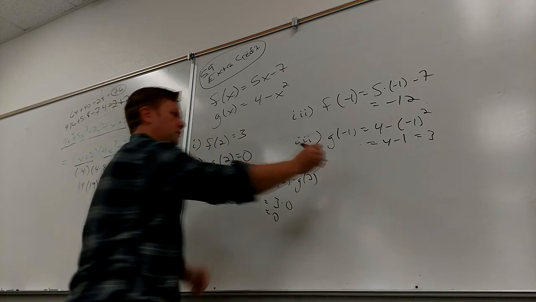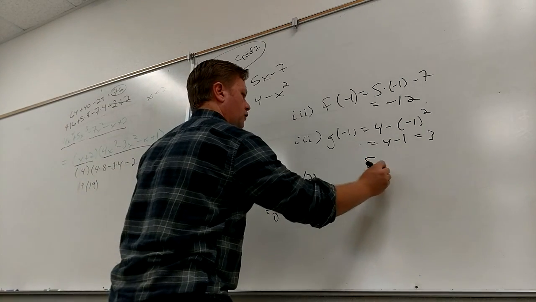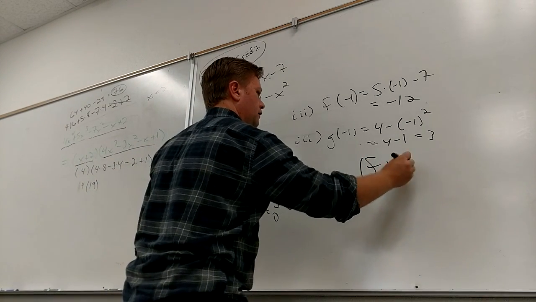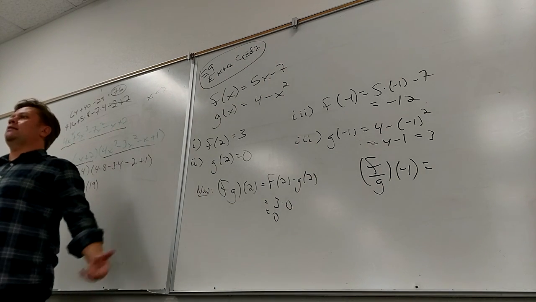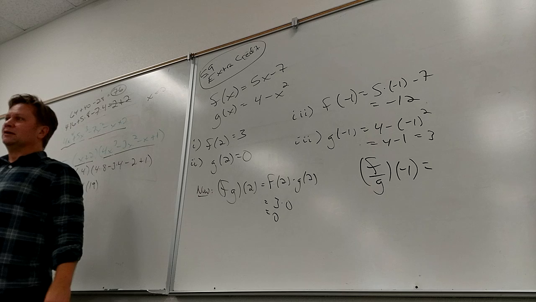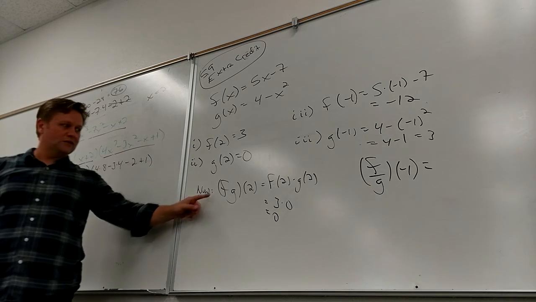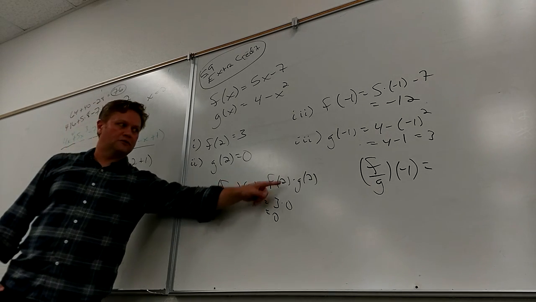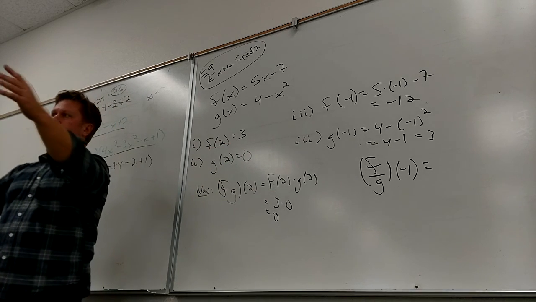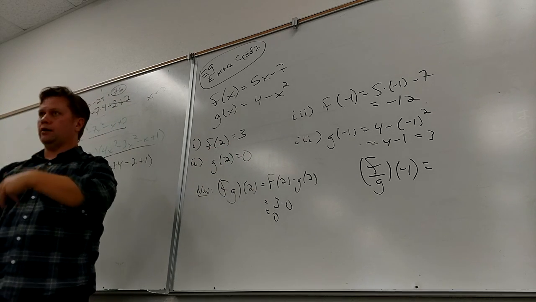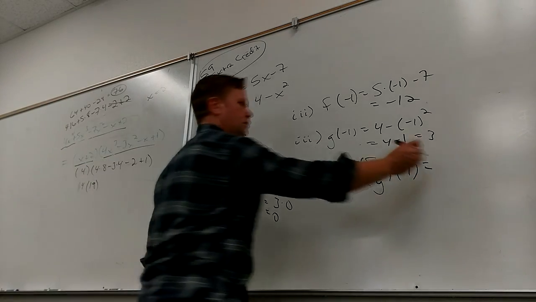What about this question? F over g of negative 1. So what do you think that means to do? So f times g of 2 meant take f of 2 times g of 2. What does f over g of negative 1 mean? Take f of negative 1 divided by g of negative 1.